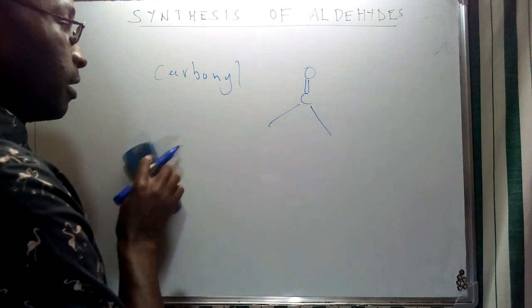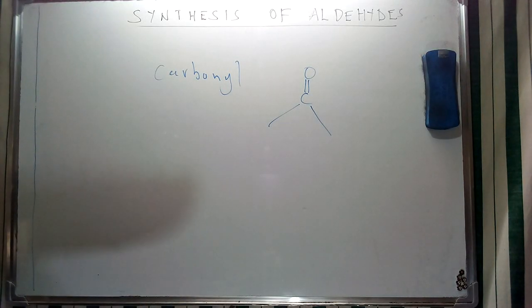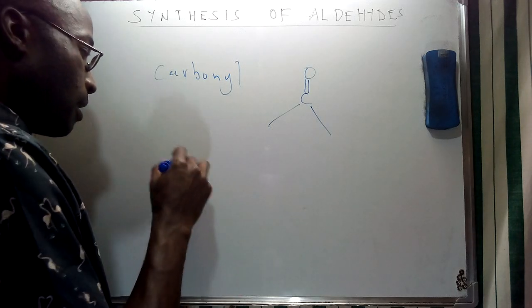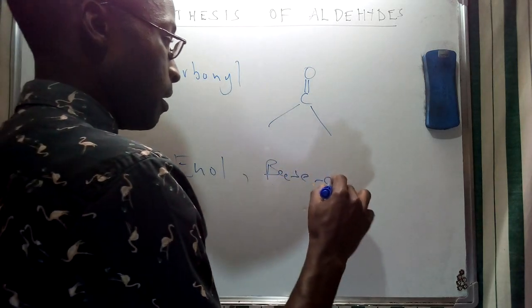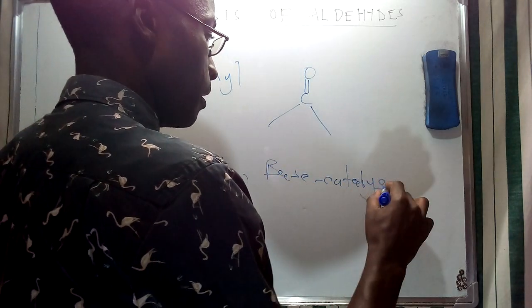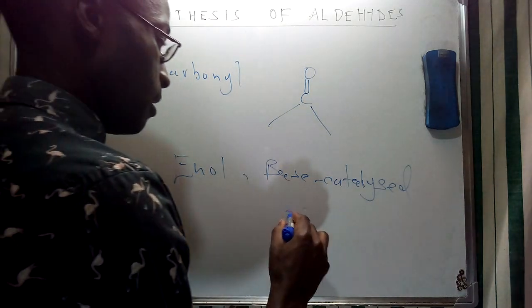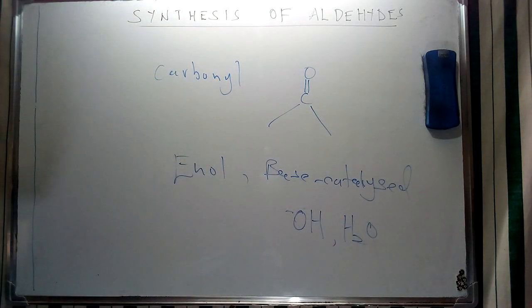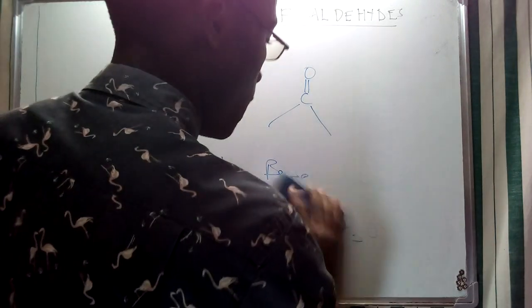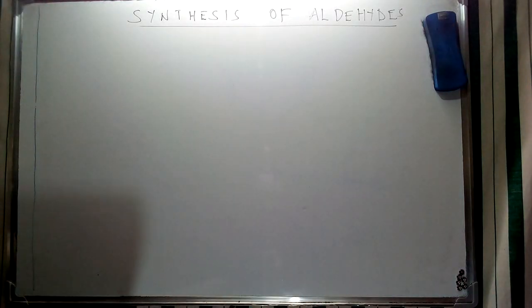For today, we are going to use enols, and this is going to undergo what we refer to as base catalyzed reactions, which is contrary to the ketones that we looked at. So in this case, we're going to use the OH group, accompanied by that specific reagent. That is going to form a basis for us in trying to figure out how we can achieve an aldehyde as a functional group.